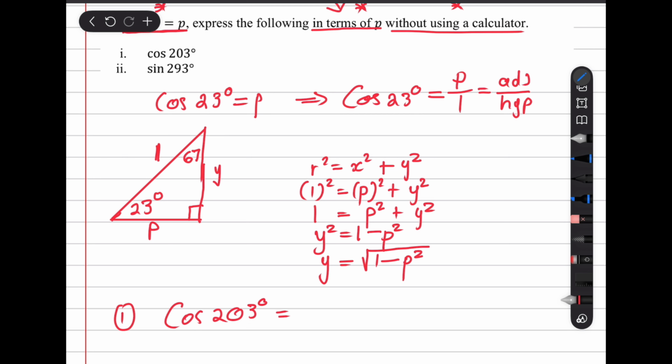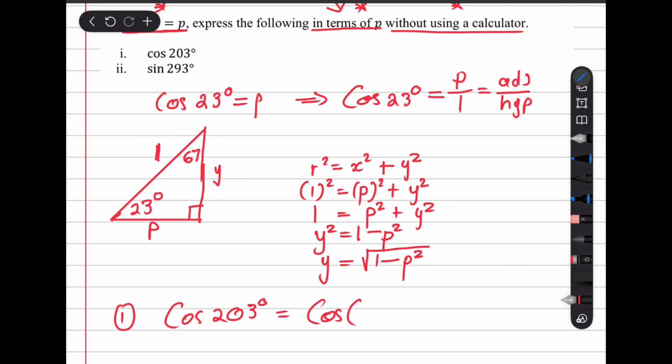Remember, when we have an angle that is greater than 90, you should always write it in the simplest form. So this is the same as cos of what? What do we use to reduce this angle?